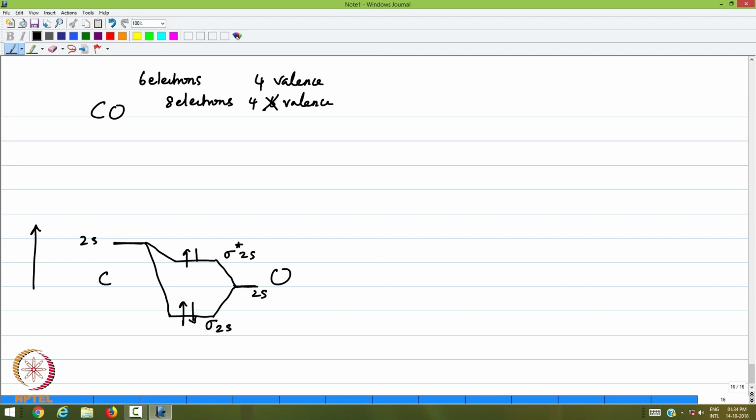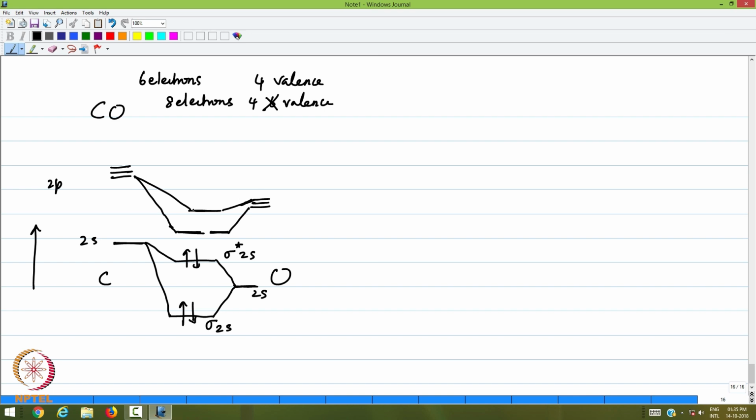Okay. Now, on the 2p, there are 3 2p orbitals again here, and 3 2p orbitals for the oxygen. They are again lower in energy, and you can see that the carbon monoxide being stable, net stability essentially gives you that these are the pi orbital, and then you have the pz sigma orbital.